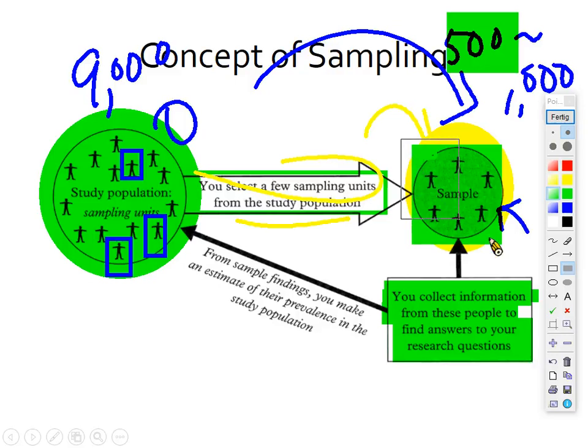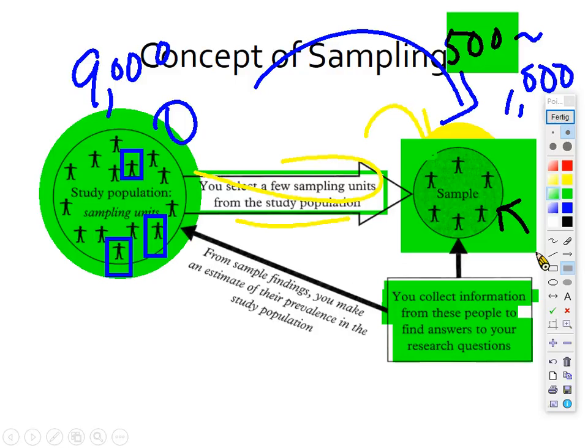I collect data only from 500 students. But my research purpose is to investigate 9,000 students' attitude, right? How can I do this? There are 500 students' data. I collect, I analyze, and with this, I try to provide answers for the 9,000 students.